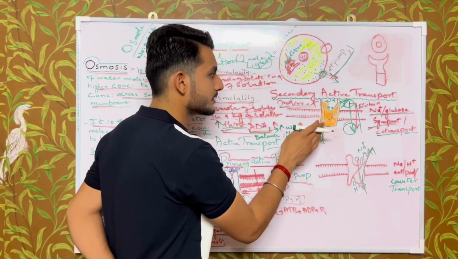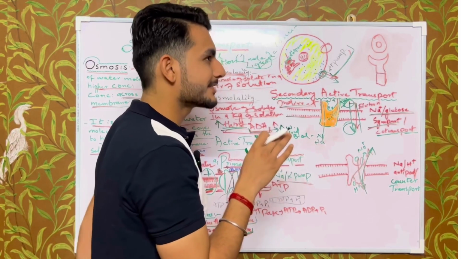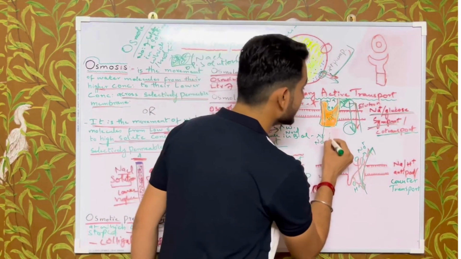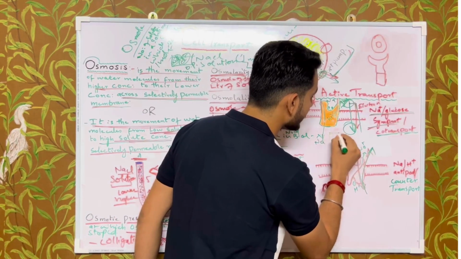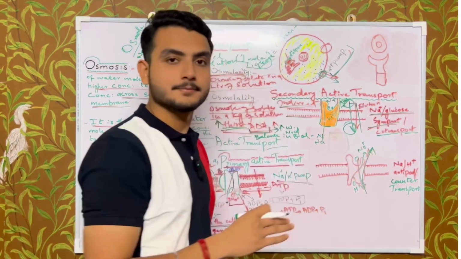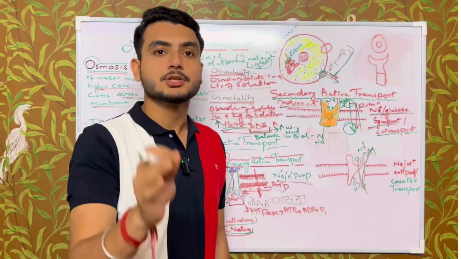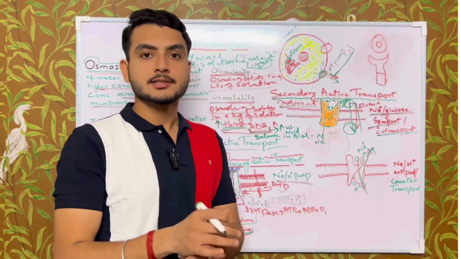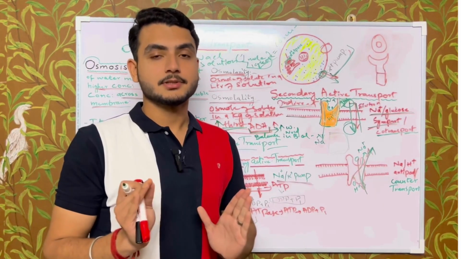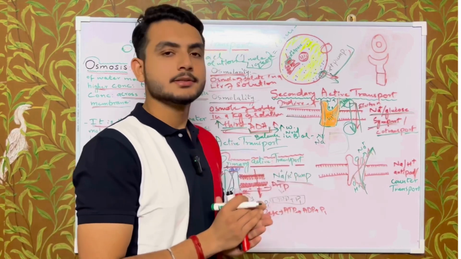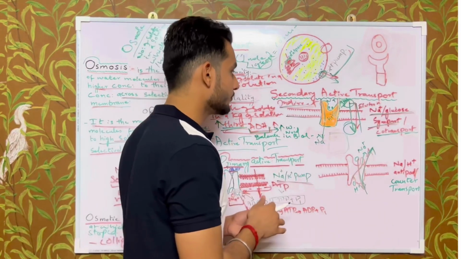These sodium glucose co-transporters are also implanted within the PCT cells as well. They also cause the reabsorption of glucose from the lumen of the PCT in the kidney. Okay, so this must be clear to you.